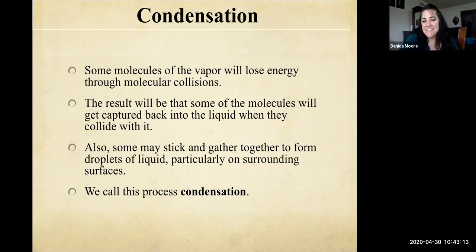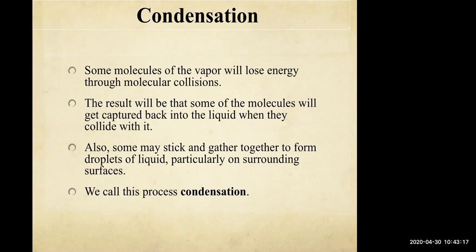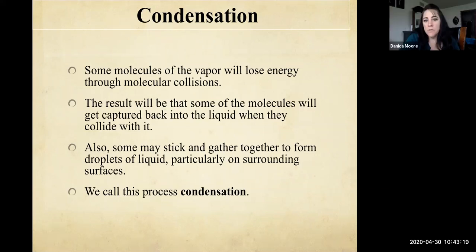Does that make sense, guys? So one of the things that's really important that I want to make sure that you understand here is that these processes of evaporation and condensation are opposite processes, right? So they are bidirectional and they're always both happening. It's not like evaporation always happens in that direction.